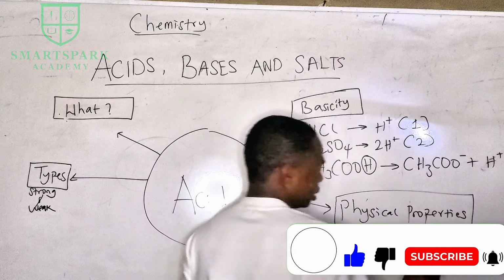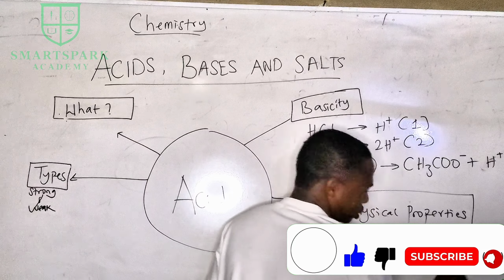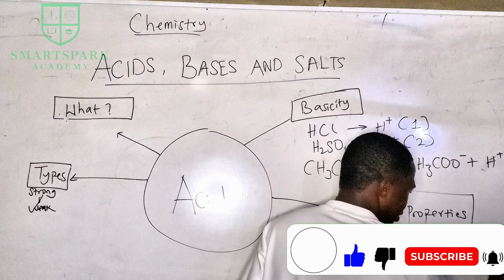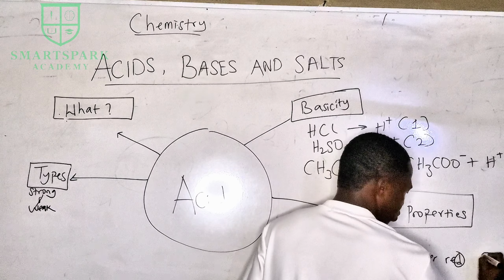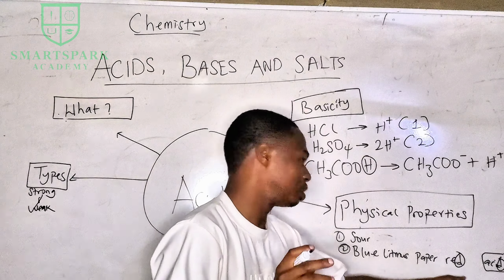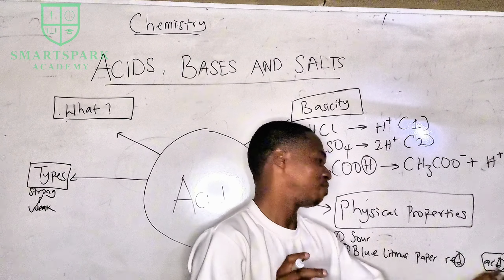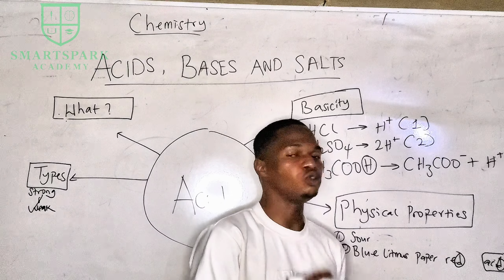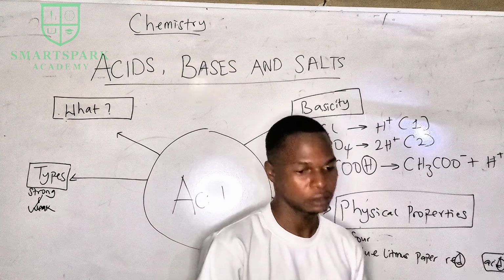Now listen, the last letter of red is D. The last letter of acid is D. So this is used to remember it. Very, very simple. So that's the final product of an acid. When you do a litmus test, it will always be red.